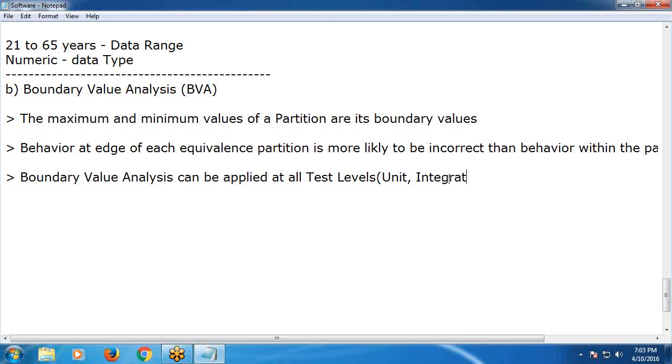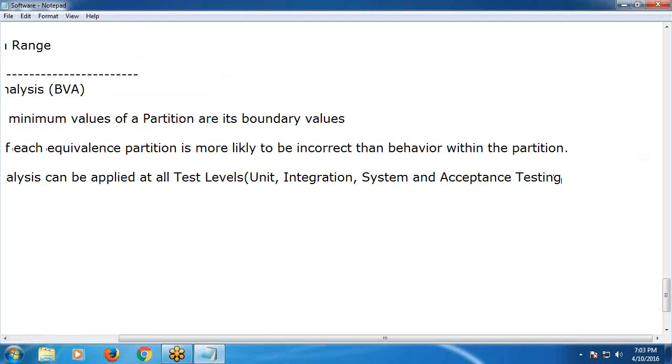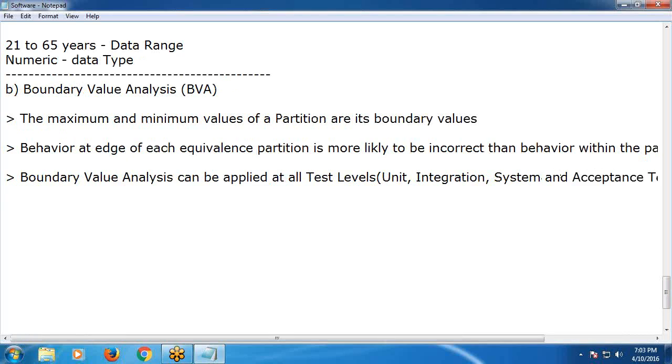Unit, integration, system and acceptance testing. What is our area as an independent tester? System testing. Okay, next come to the example.